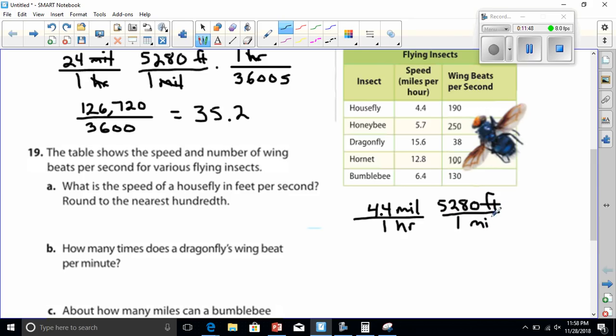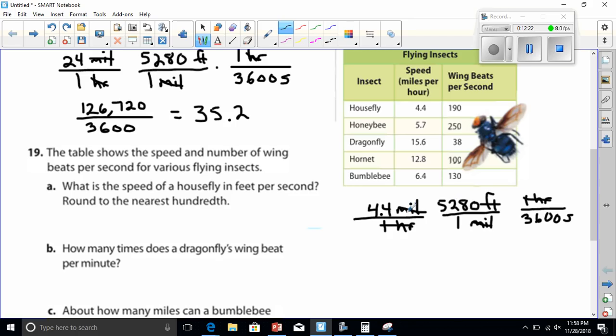Notice once again, I put the miles on the opposite side, so I'll be able to go ahead and eliminate them. And next we have to turn it into seconds instead of hours. So we'll put the hours on top. And we know since it's seconds, there's going to be 3,600 seconds in an hour. And now we're ready to eliminate again. We get rid of the miles. We're getting rid of the hours. And here we go.